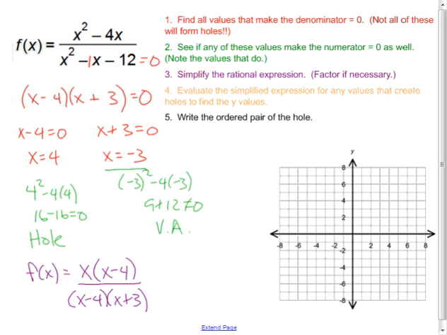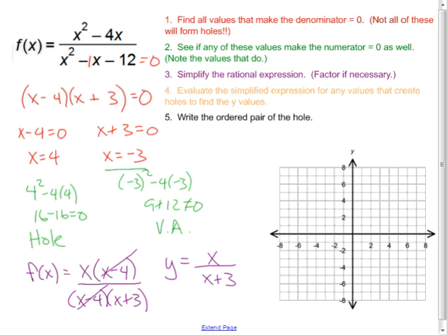Good news, I have matching factors, so I can simplify them. It shouldn't be a shock, because you have to have these identical factors to get that hole. The problem factor, x being 4, is now canceled. So now I've got y equals x over the quantity x plus 3.